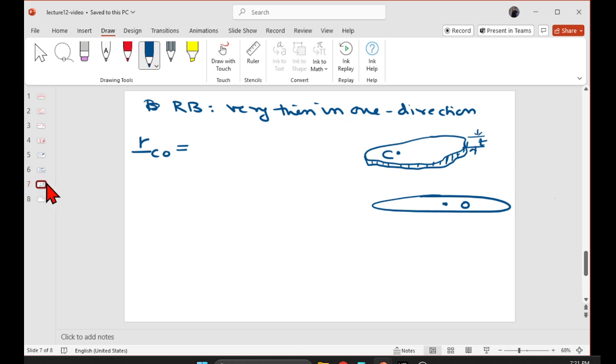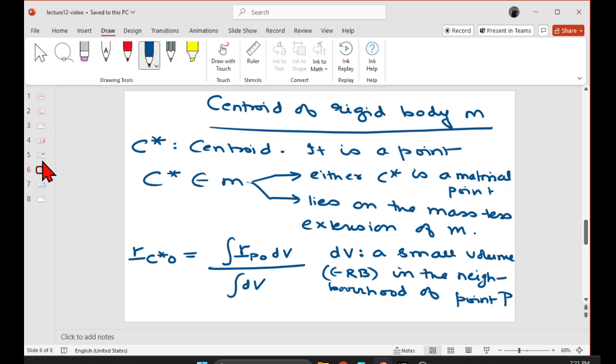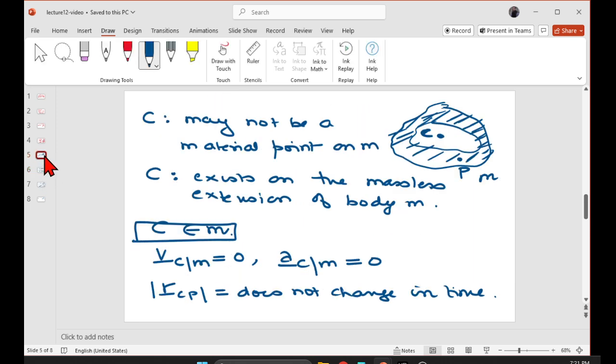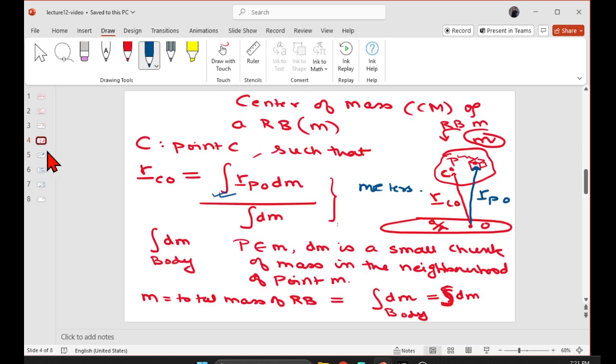Mind you, in the definition of the center of mass for a general body, we had two volume integrals. This is a three-dimensional integration over the entire body.